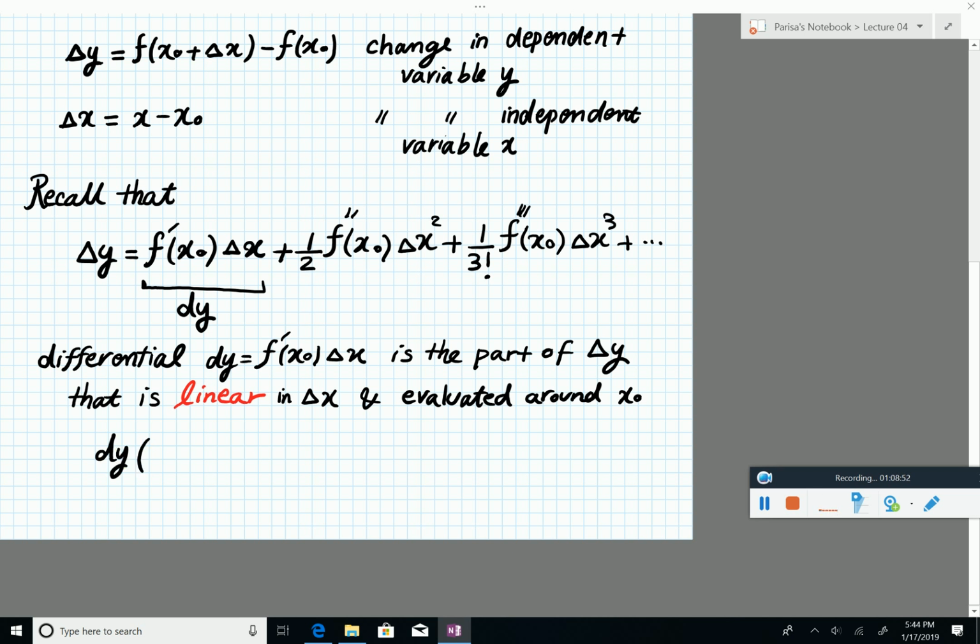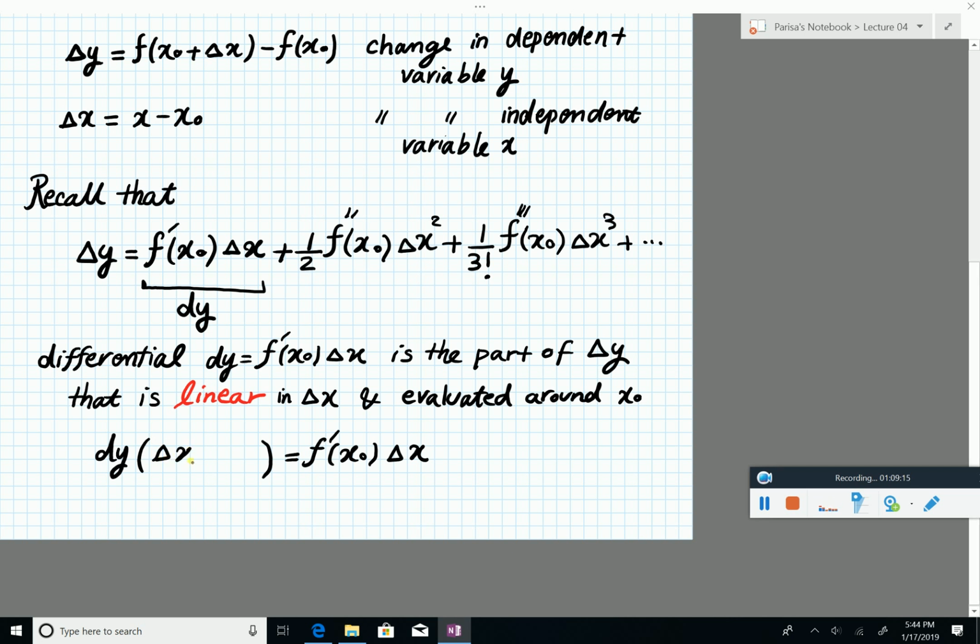So dy, we all agreed that this is equal to this. Do you agree that the differential is a function itself? It's a function of delta x, a linear function of delta x. Yeah, why not?